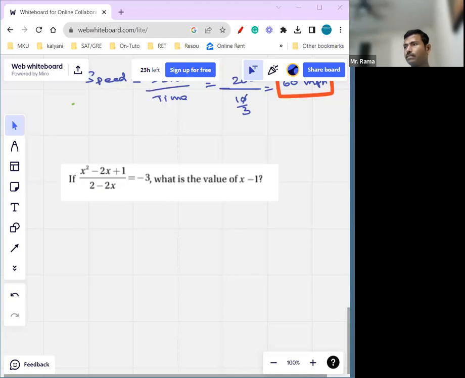Oh wait, did I mention to you guys in the last class? One of our students got a 1490 on the first try, and another kid got 1540, and they're going to take it one more time hoping for a better score.